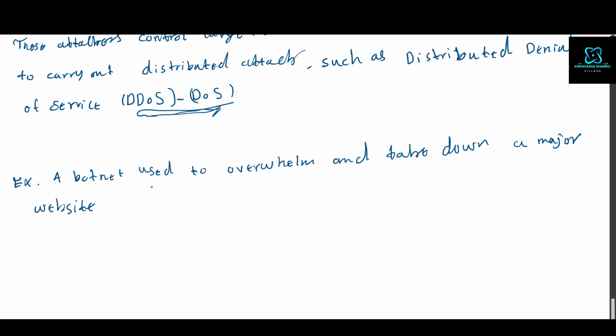For example, this website can belong to government agencies, a company or an organization. By using the botnet, you overwhelm the resources of that website, and the legitimate user cannot reach the website, because all the resources of that website are being overwhelmed by the botnet.